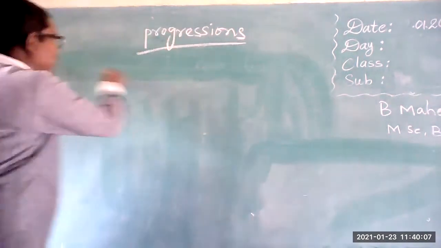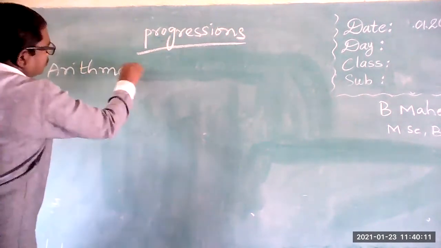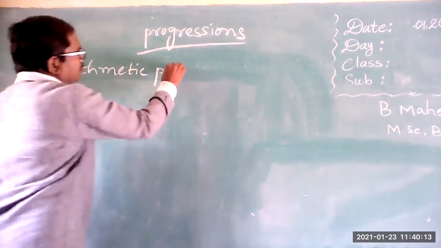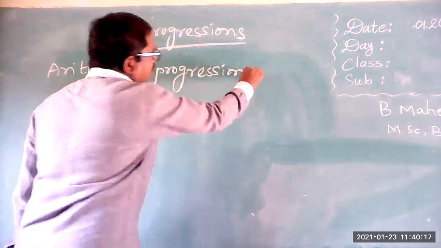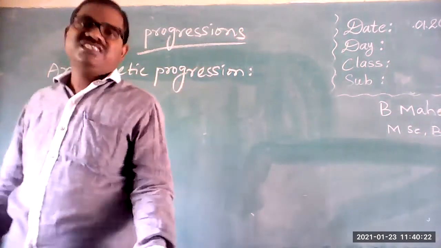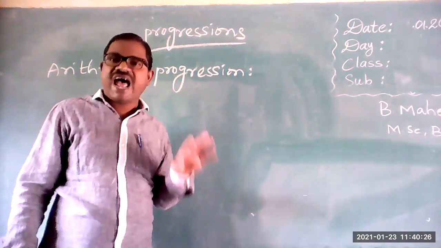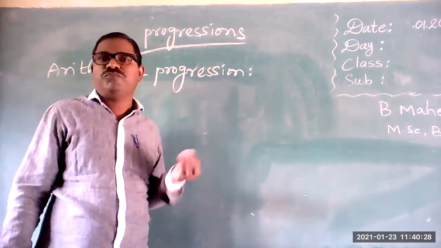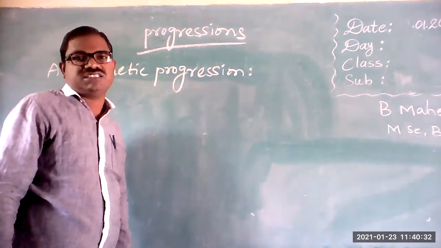The first one is arithmetic progression. What is the meaning of arithmetic progression? A series or list of numbers formed by adding or subtracting a fixed number to the preceding term is called an arithmetic progression.